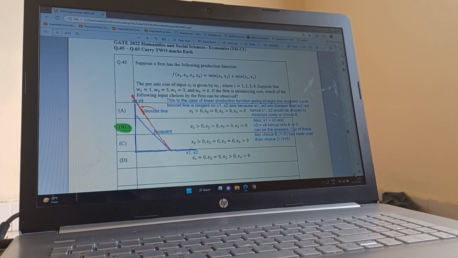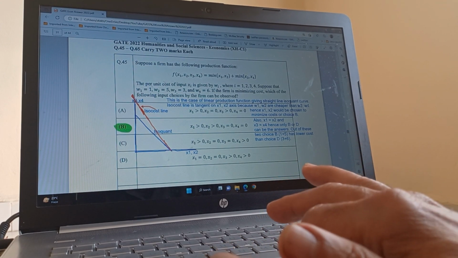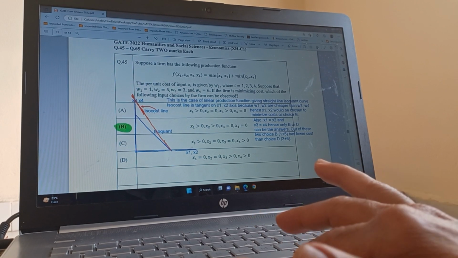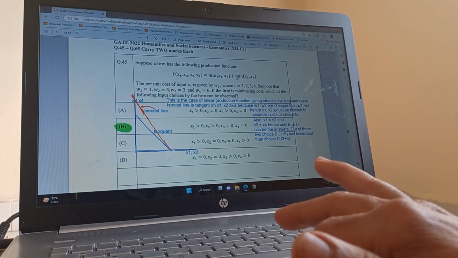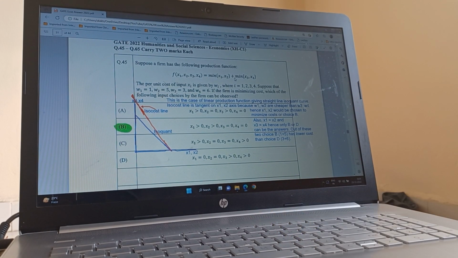But the entire production function is not Leontief, because these two input combinations, x1, x2 together and x3, x4 together, are combined with a plus. So that way they are perfect substitutes. These inputs are perfect substitutes, meaning x1, x2 combined is a perfect substitute of x3, x4 combined. So that way the production function becomes a straight line.